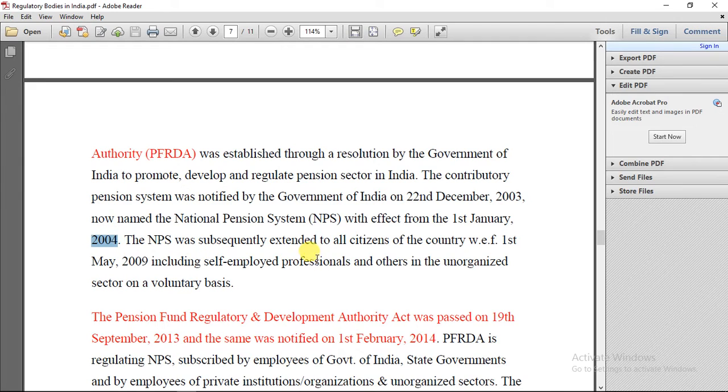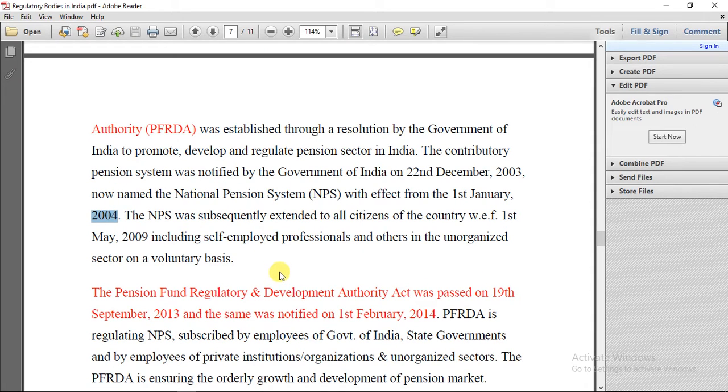The NPS was subsequently extended to all citizens of the country with effect from 1st May 2009, including self-employed professionals and other unorganized sectors on a voluntary basis. So anyone can contribute to the pension scheme. It was extended in the year 2009, on 1st May.